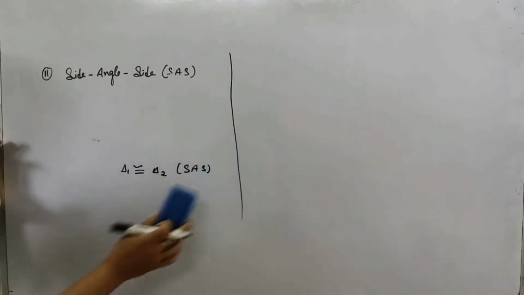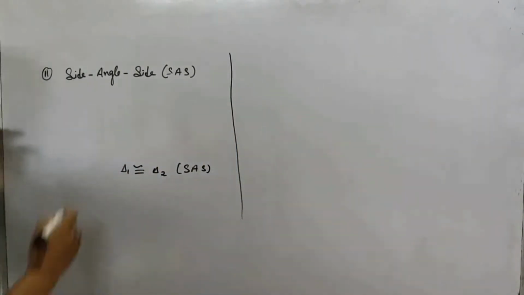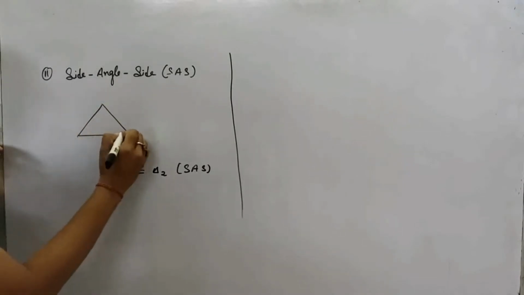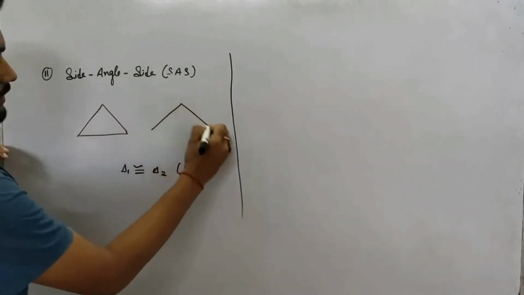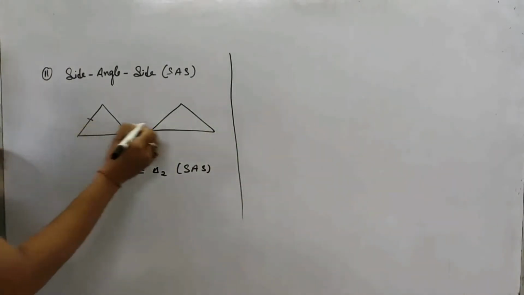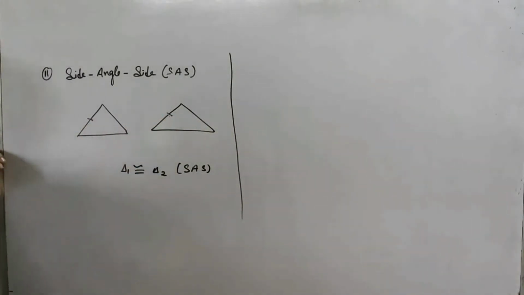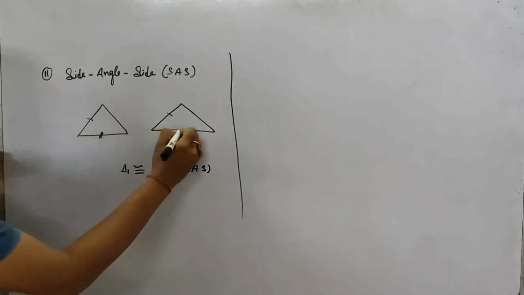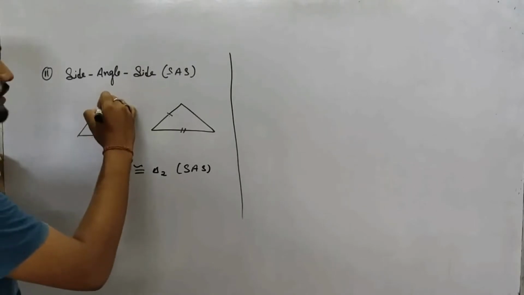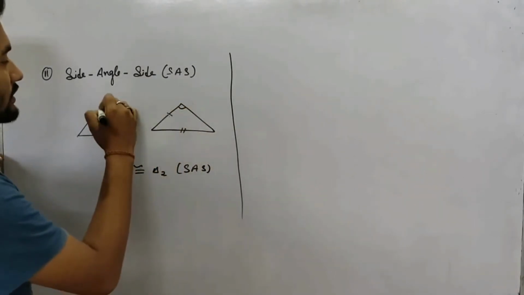Say for example this is one triangle and this is another triangle. We have shown this side is equal to this side and this side is equal to this side, and suppose you have shown this angle is equal to this angle.